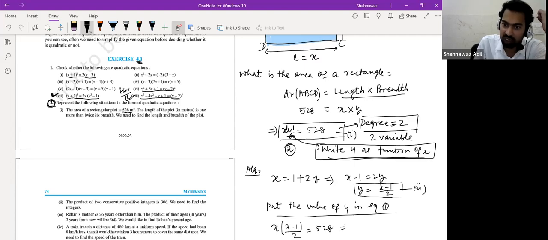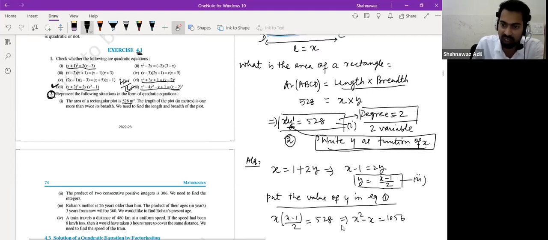So this would be x square minus x, and then 2 into 528 is 1056. So we can take this 1056 to the right hand side. Now this looks like a quadratic equation, the general form of the quadratic equation, right?